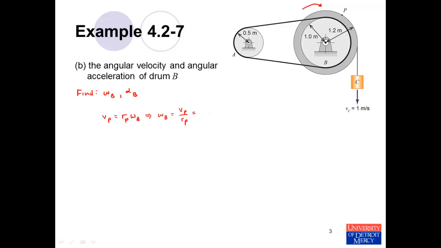From the previous slide, we have that the velocity was 1 meter per second, the same velocity as mass C. And then we have the radius at which point P is moving as 1.2 meters, the same as rho, the radius of curvature of the path.